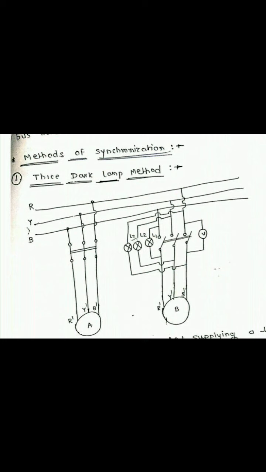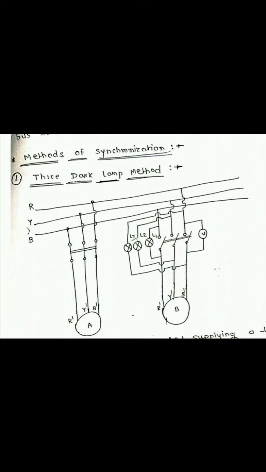The prime mover of the incoming alternator B is started and brought up close to the rated speed. Then the alternator is excited and the voltage is raised by increasing the excitation to that of the running alternator or the bus bar.